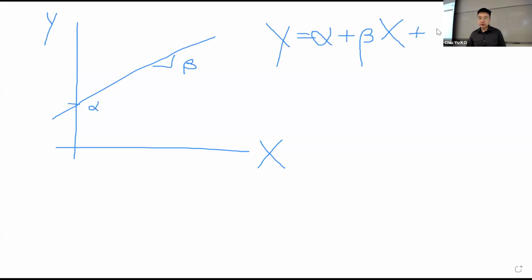What we observe is not exactly this line. Why? Because in this world there can be things that affect Y other than X. There's a random element there that is something we didn't model. It's called epsilon. And what we observe in the world is some variation here, depending on how well you're doing. And this epsilon, if normal, looks like this, right?